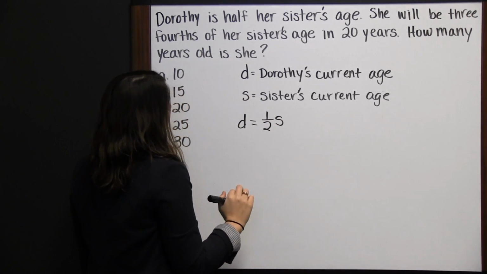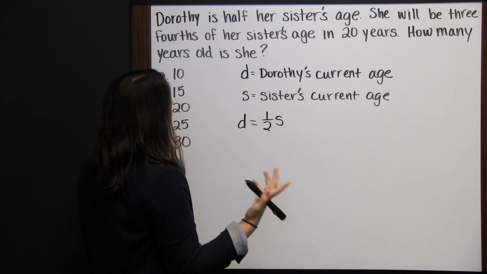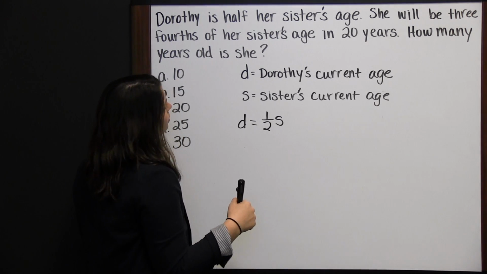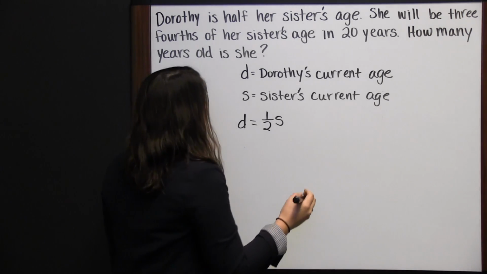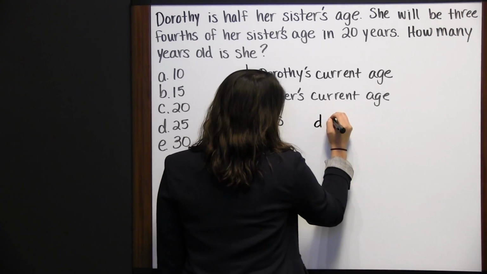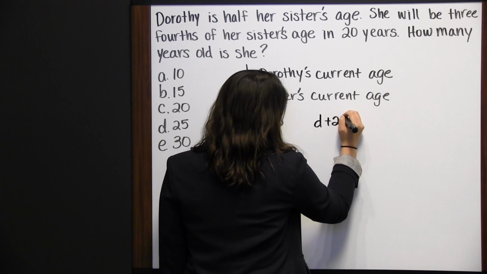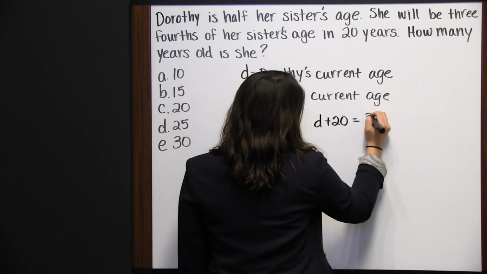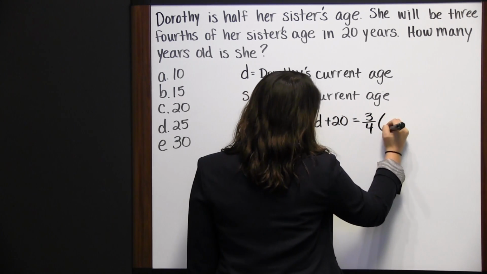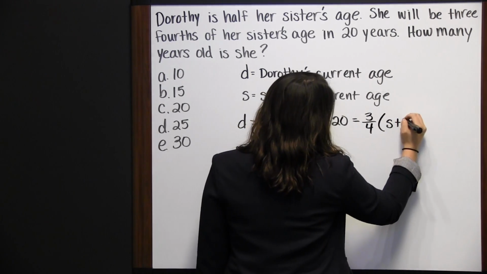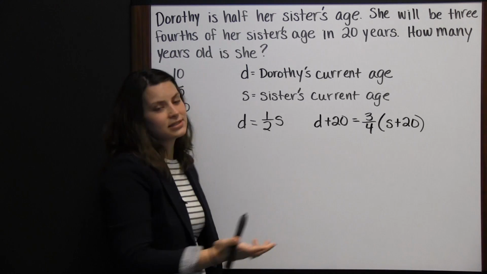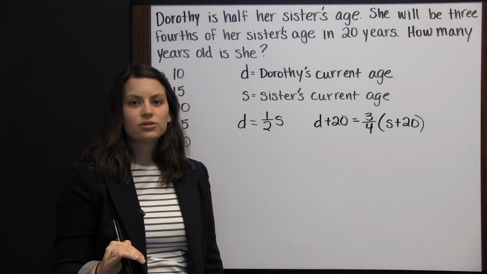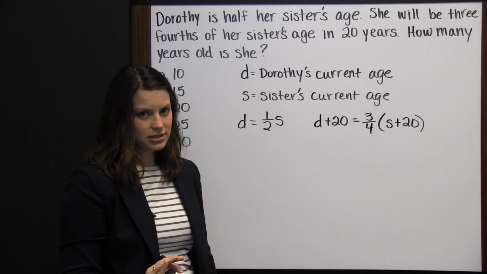The next sentence says she will be, so Dorothy, will be 3/4 of her sister's age in 20 years. So Dorothy, in 20 years, will be 3/4 of her sister's age in 20 years. Remember that D and S were Dorothy and her sister's current ages.